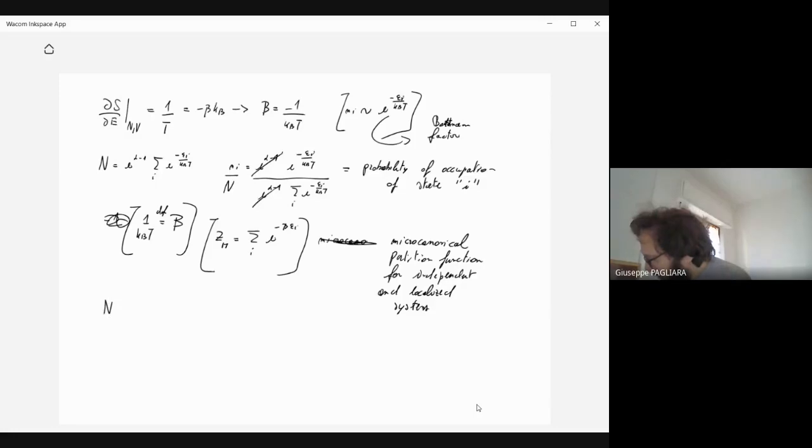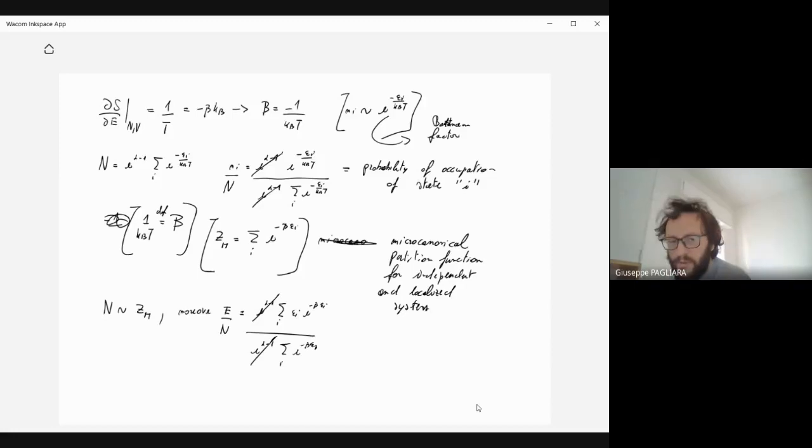And then I see also that the total number of particles is basically proportional to this function, because N is just e to the alpha minus 1 times this function here. Moreover, when I compute the ratio between E and N, the ratio is e to the alpha minus 1, sum over i, and here I have minus 1 sum over i of e to the minus beta epsilon i.